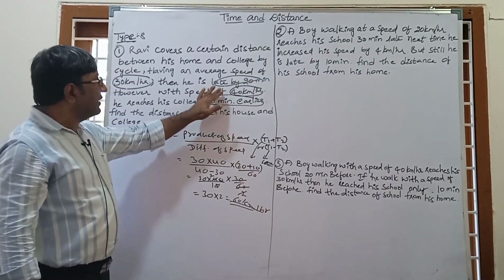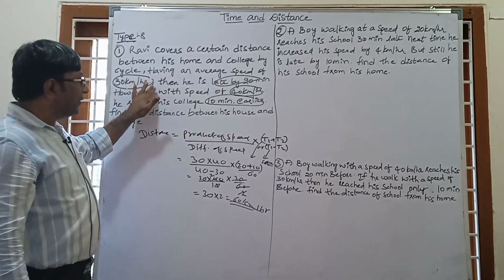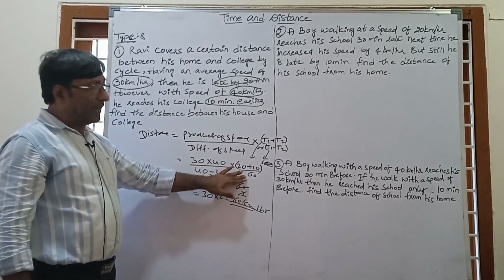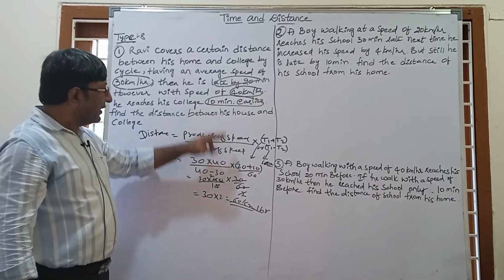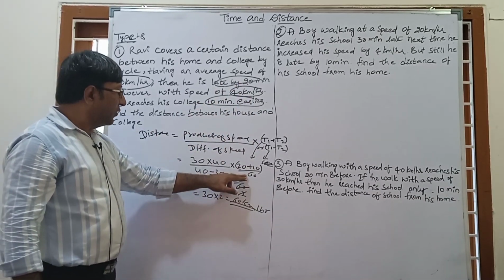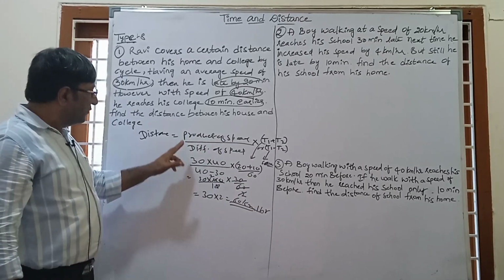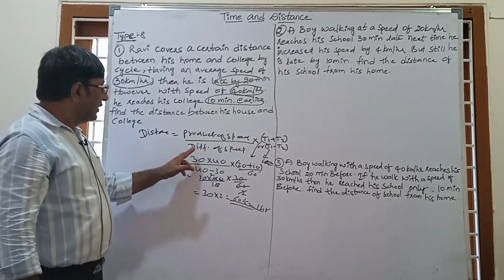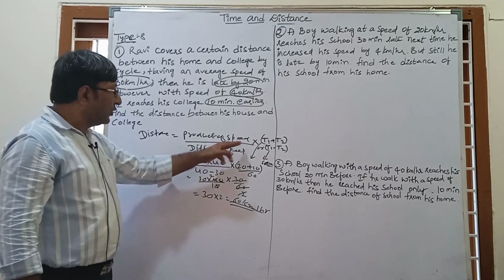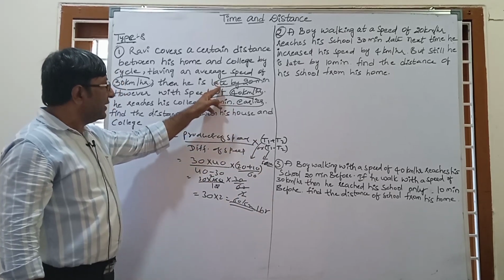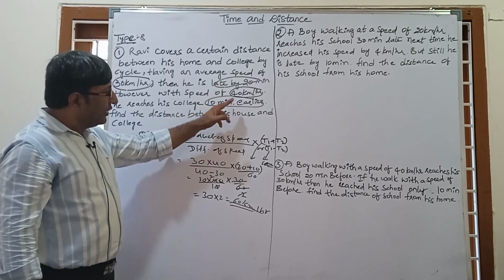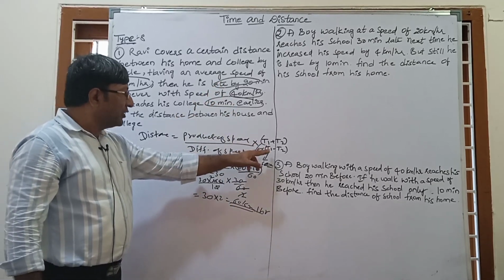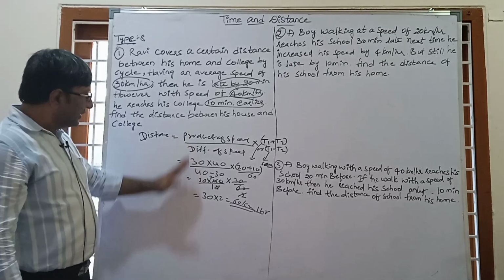When time is given in hours and speed is also given in hours, there is no need to change the time. But here time is given in minutes, that's why we are converting: 20 plus 10 upon 60. So the correct way is product of speed divided by difference of speed, into the sum when the times given are different, that is one late and other early, and T1 minus T2 when both are the same. So this is the right answer.